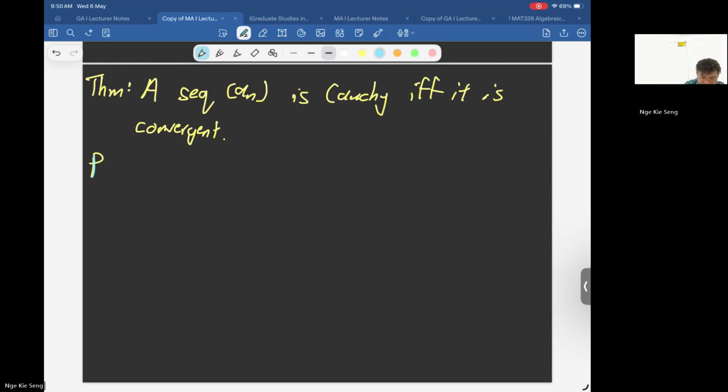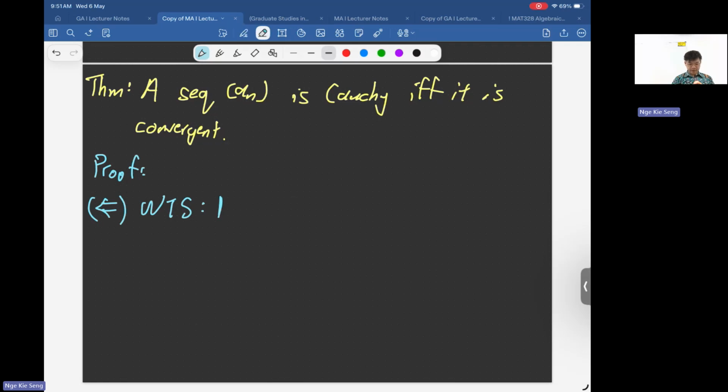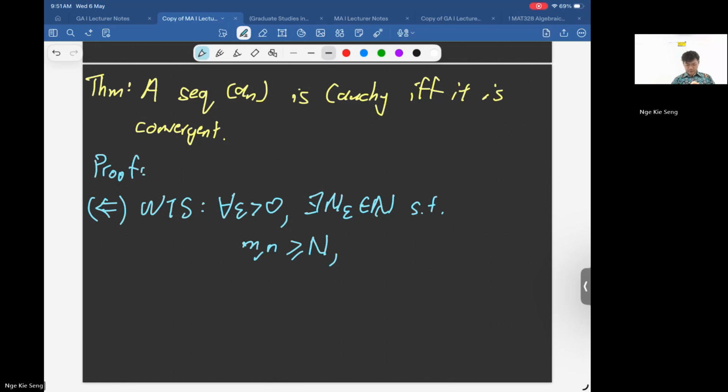So let's do the proof. Let's go from right to left. Suppose it's convergent, then it's Cauchy. So let's write down what it means to be Cauchy. I want to show that for any epsilon greater than 0, there exists an N such that for all m, n greater than or equal to N, the absolute value of a_m minus a_n has to be epsilon small.